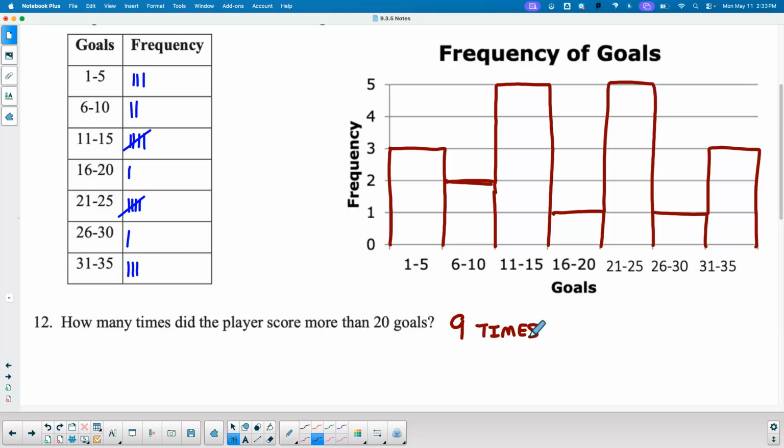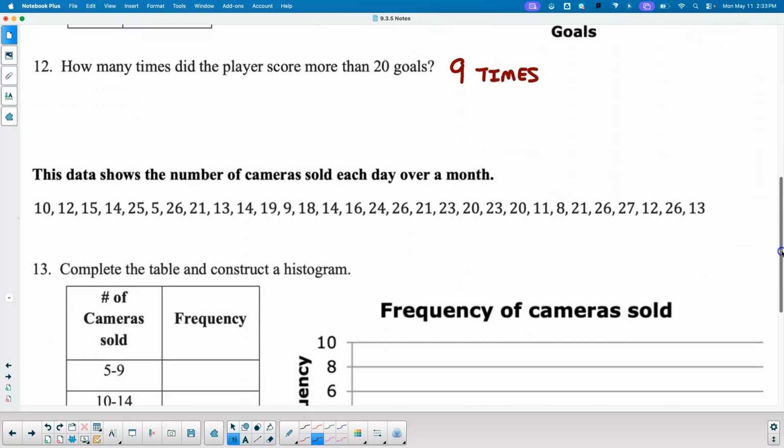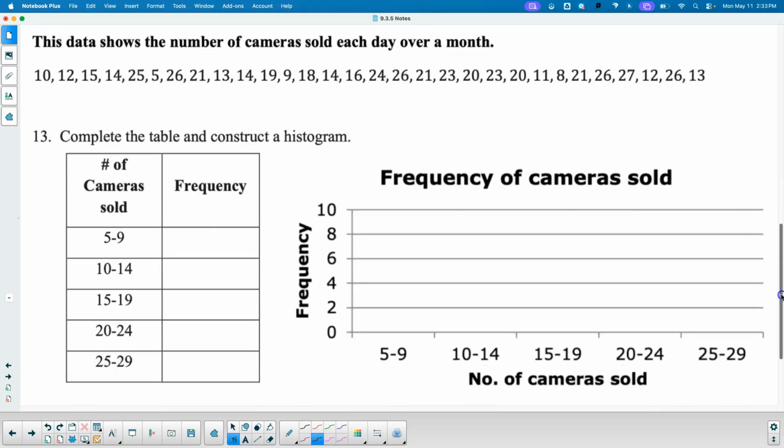What I would like you to do now is, on the data set at the bottom of that page, make a histogram showing the number of cameras sold each day over the course of a month. So there's our frequency distribution.